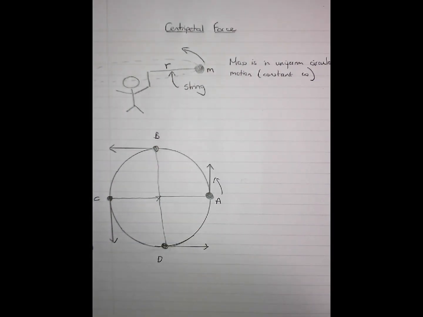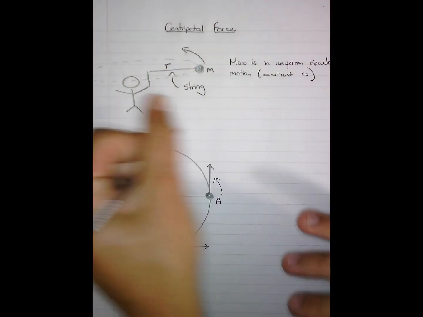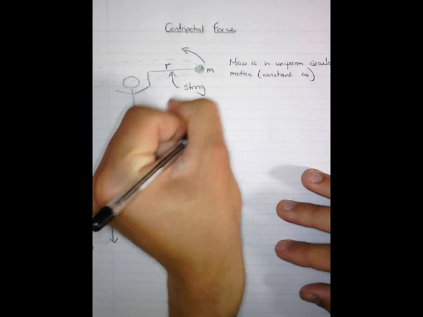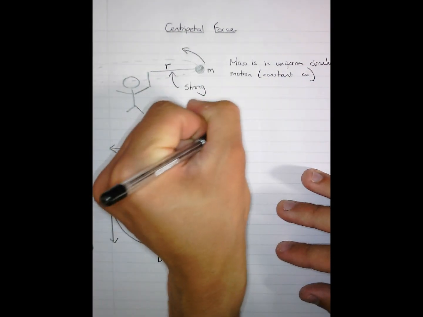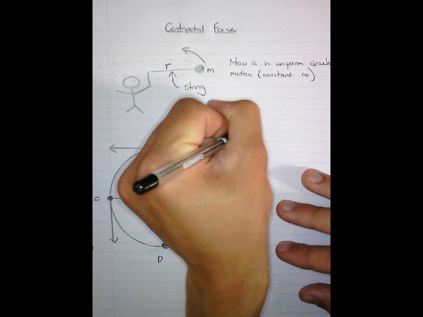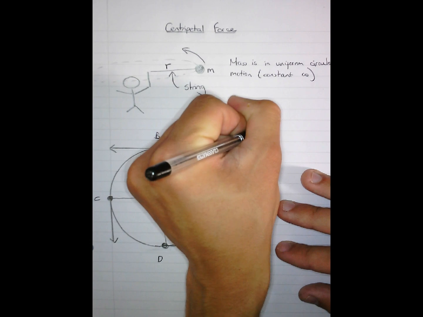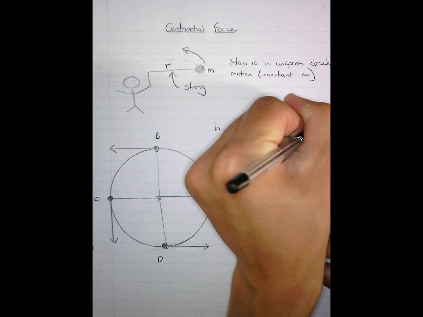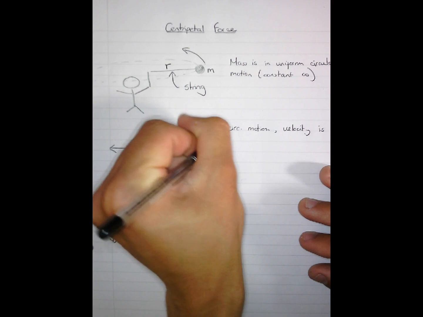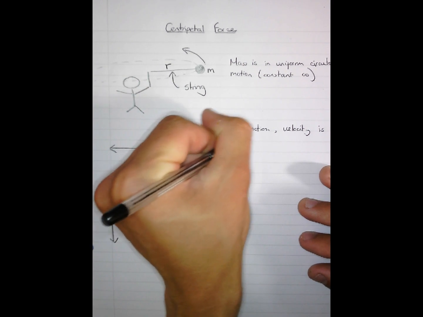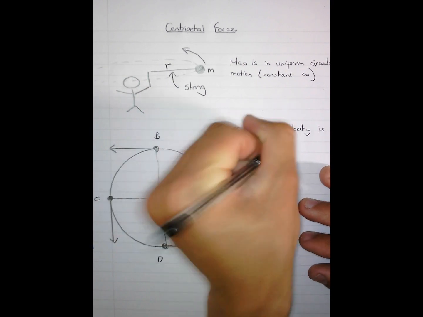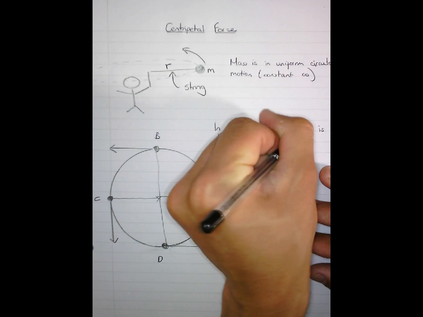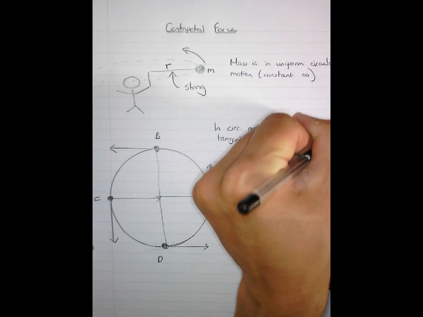Well, the velocity has always got to be tangential to the circle it's moving in. And this is the first note we can make for this particular problem: in circular motion, velocity is tangential to the circular path.